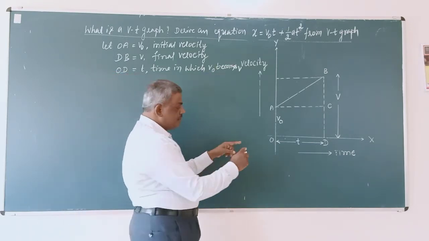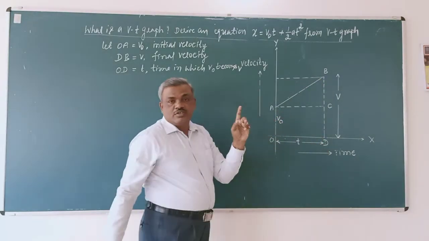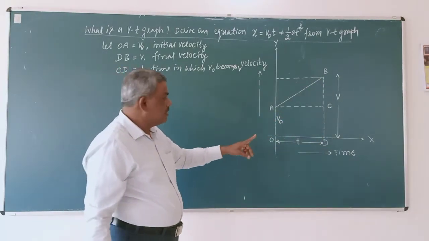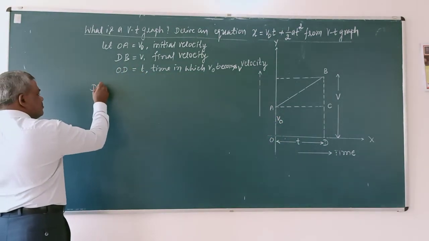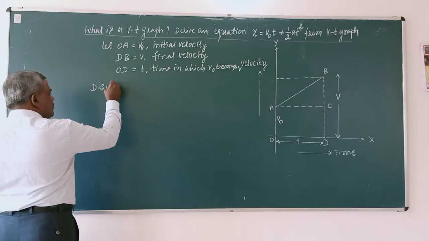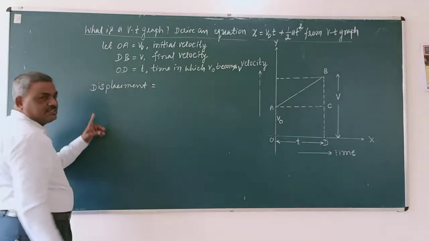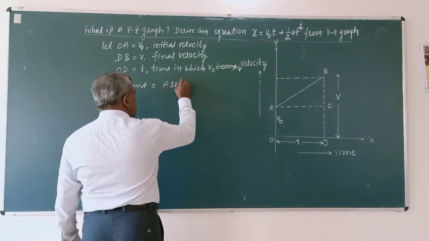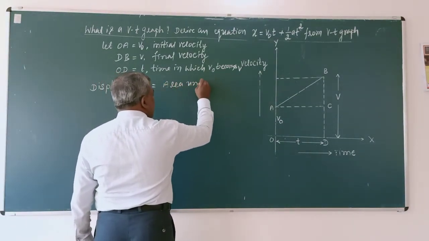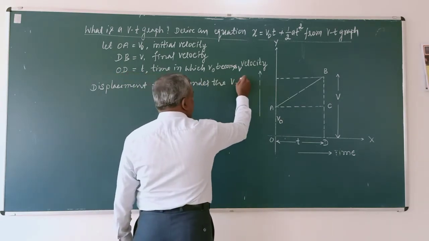What does this area of the VT graph represent? The area of the VT graph represents displacement. So displacement equals the area under the VT graph.